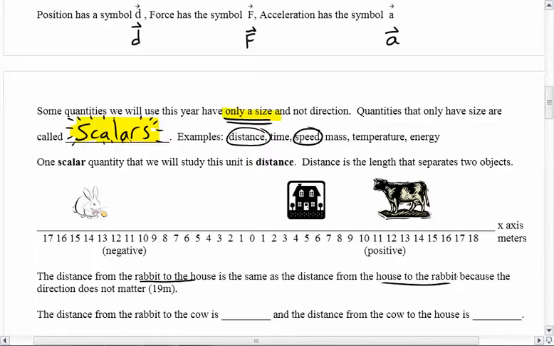The distance from the rabbit to the cow is from negative 14 to positive 13. The number of spaces is 27 meters. From the cow to the house, which is sitting here at 5, so from 5 to 13, is 8 meters.